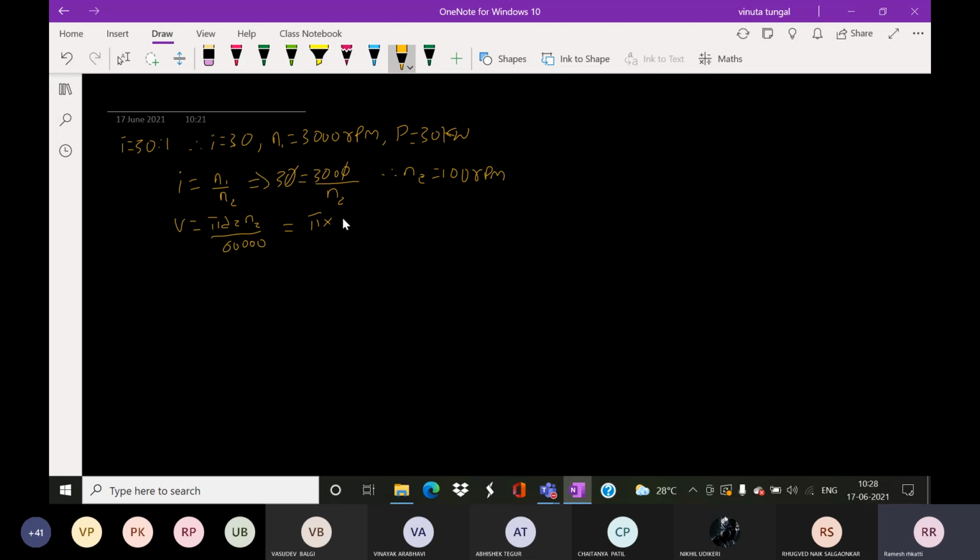If d2 is not given, you can use the module formula, that is m into z2, into n2 by 60,000. Substitute the values and tell me the V value, how much you are going to get.